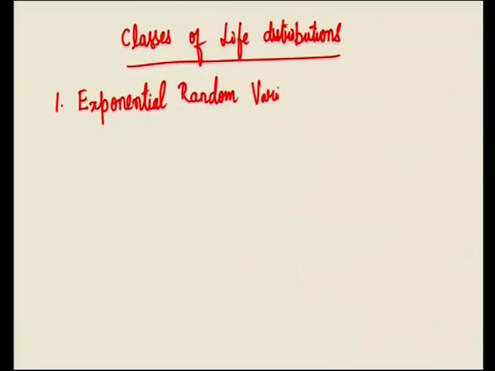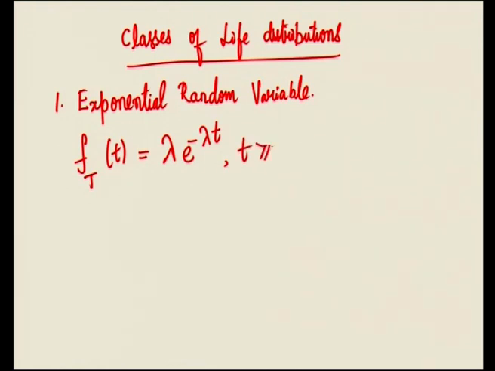The first and very important life distribution is the exponential random variable. The PDF is given by f_T of t, where capital T is the random variable representing the lifetime of the device. So, its PDF is given by f_T of t equals lambda e power minus lambda t, where t is greater than or equal to 0, and the parameter of the exponential distribution is lambda, which is greater than 0.